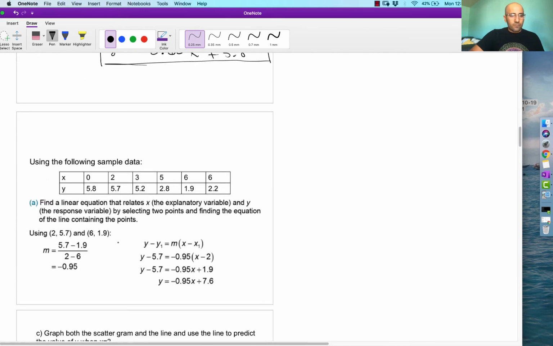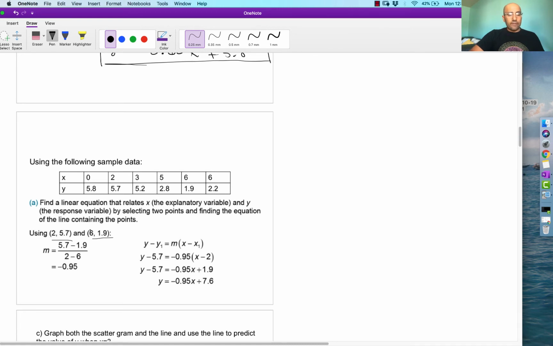So the author picked the point 2, 5.7 and the point 6, 1.9. Okay, so perfectly good choice. Now we find the slope, y sub 2 minus y sub 1 over x sub 2 minus x sub 1, okay?